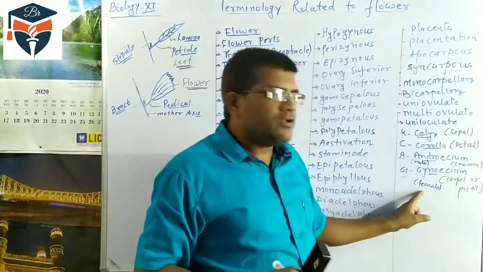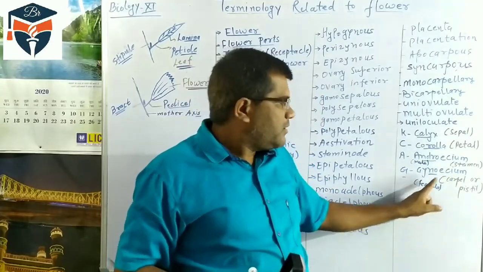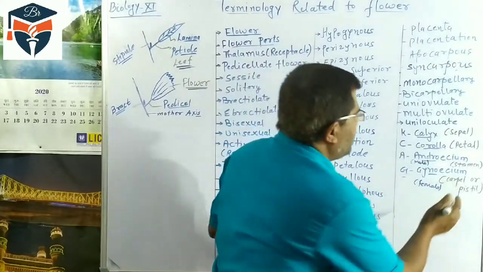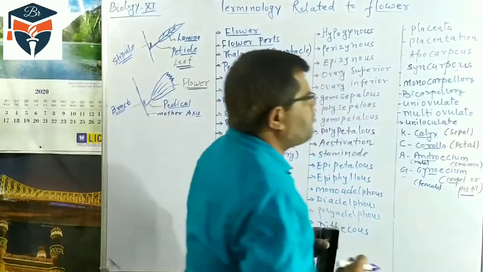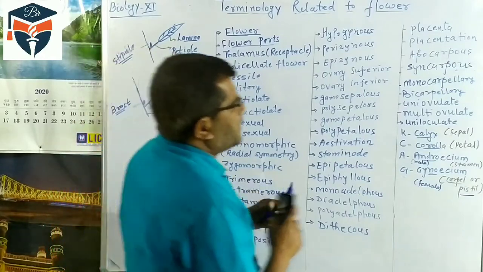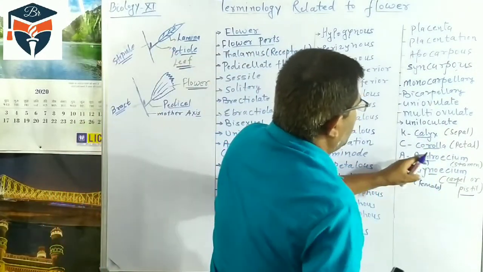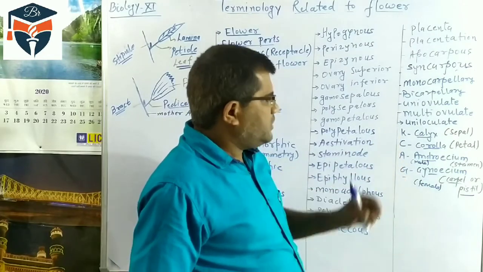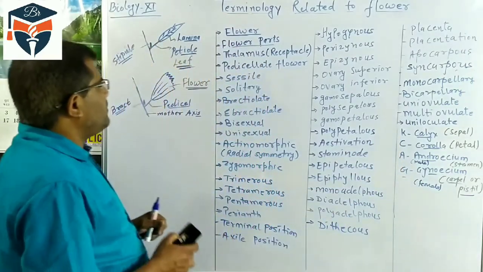Similarly, the gynoecium is the female part, and an individual part of the gynoecium is called the carpel, or also the pistil. So calyx, corolla, androecium and gynoecium, K, C, A and G, are the 4 parts of the flower.